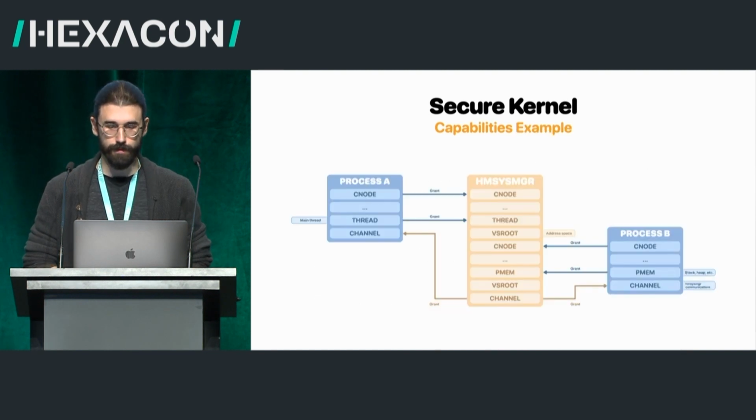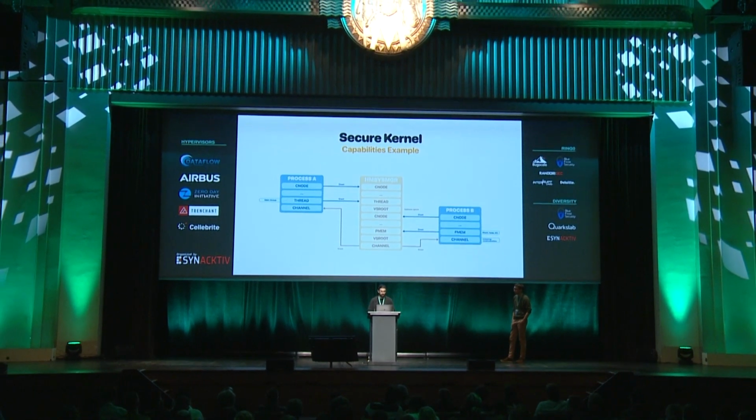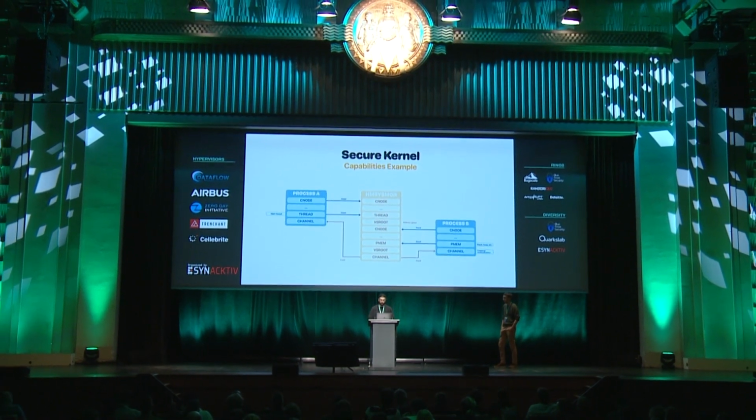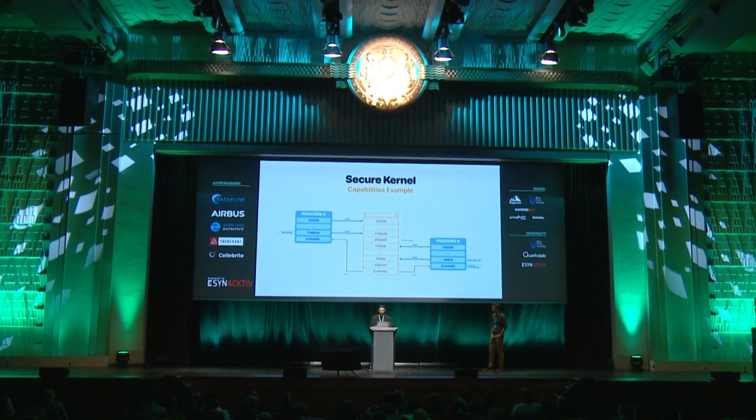So here's a simplified illustration of what it looks like. Here we have the system manager in the middle with two processes, and we can see that we have different capabilities. For example, we have a thread to represent the access to the main thread of a process, or we have a PMEM that represents the access to a physical memory region of the stack, the heap, the code regions, etc. You also have channels that can be used for communication purposes, etc.